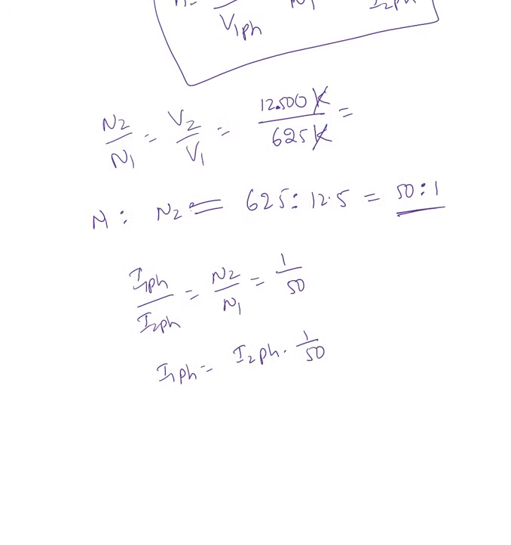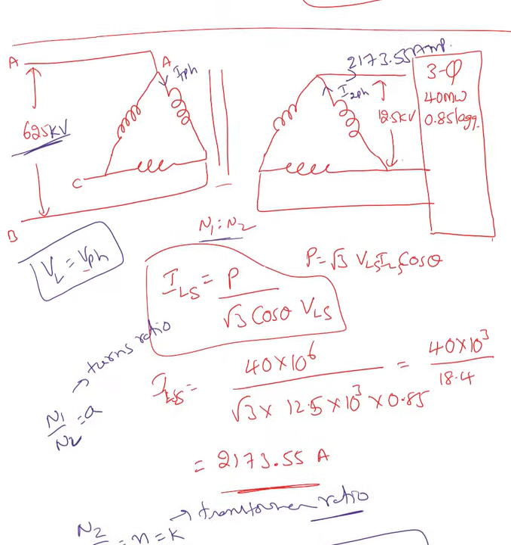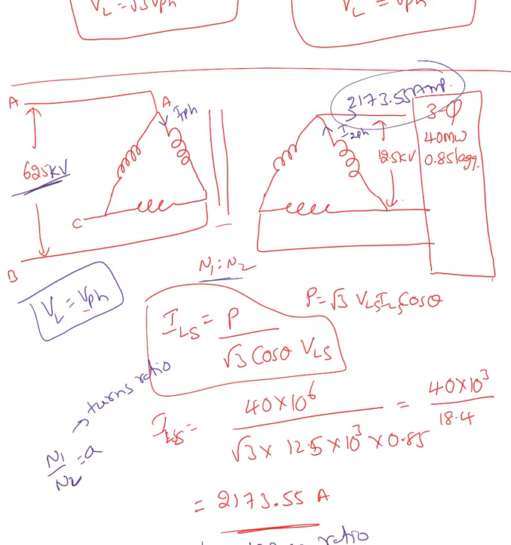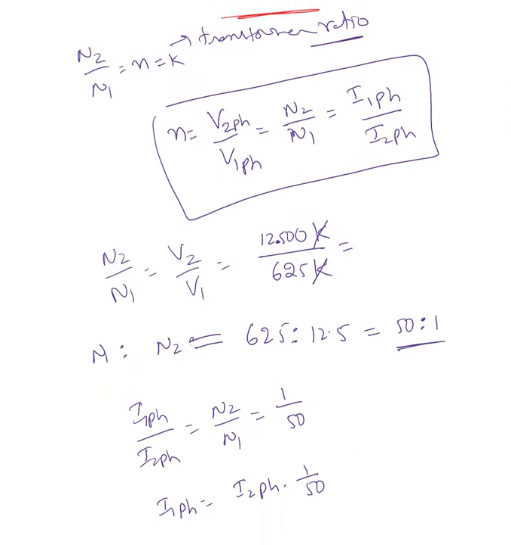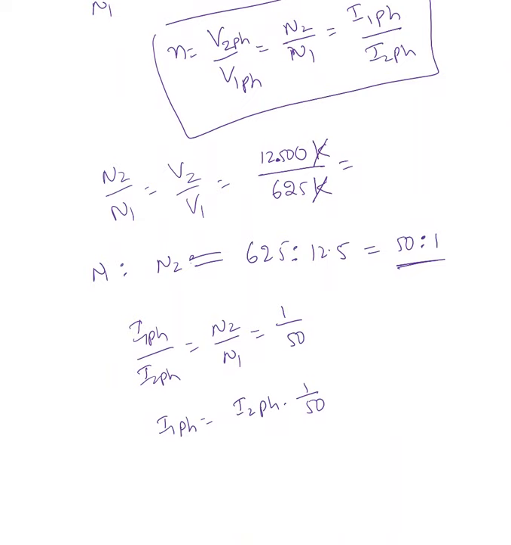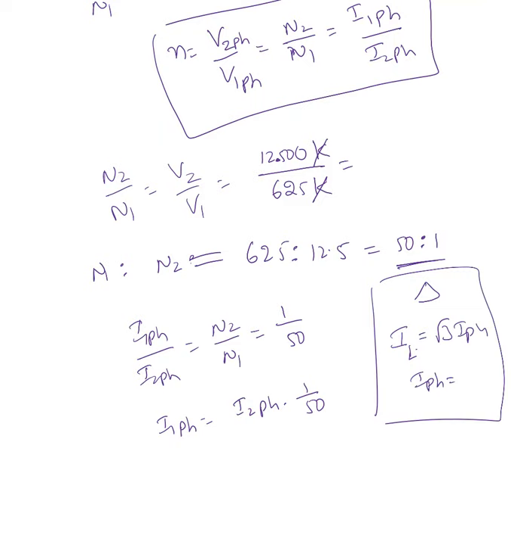Now here I found the line current. This is the line current, 2173.55. That is I2 line current. So the relation between line current and phase current in delta: IL equal to square root 3 times IPH, or IPH equal to IL over square root 3.